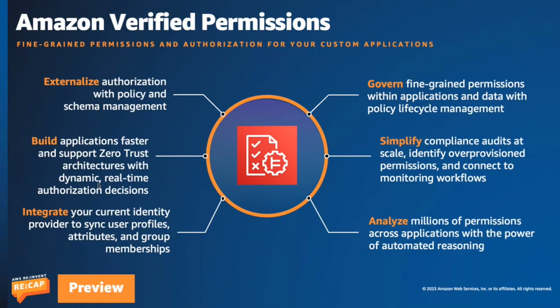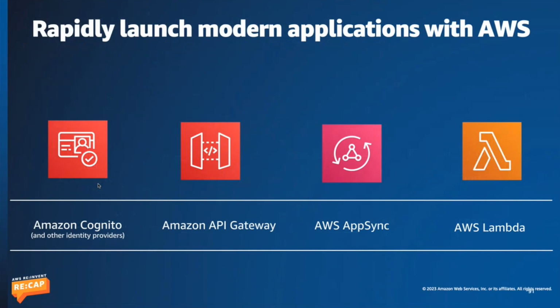So basically, this serves centralized permissions for custom applications and helps developers authorize user actions within the applications and integrate with existing services like Amazon Cognito, API Gateway, AppSync, and AWS Lambda, and incorporate this into the custom applications while creating their modern applications and their microservices based on these technologies.